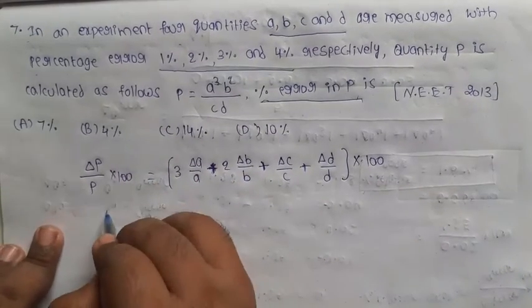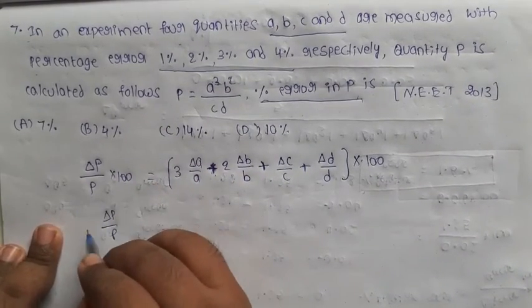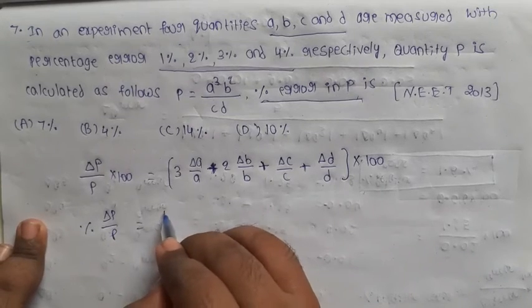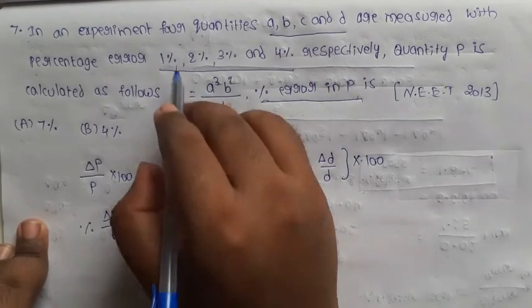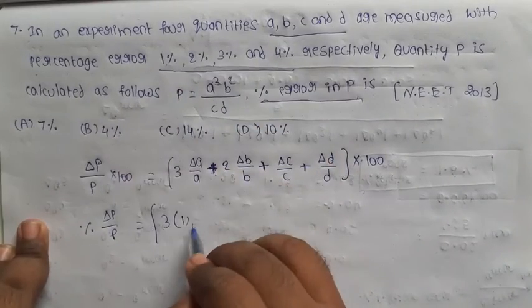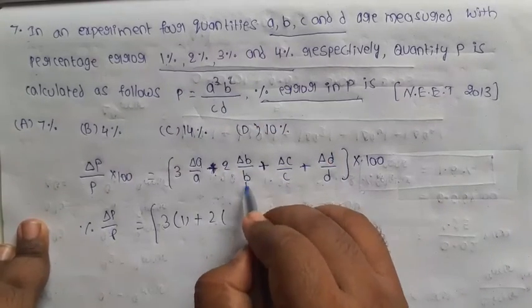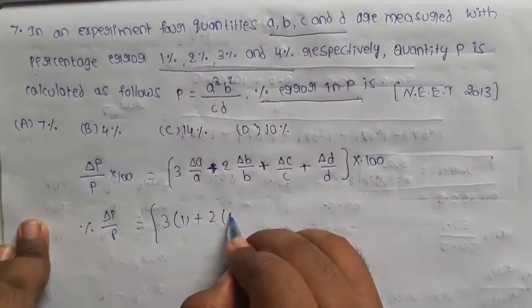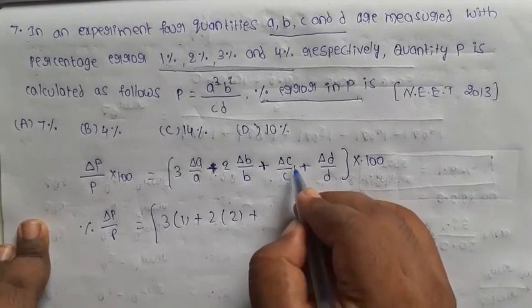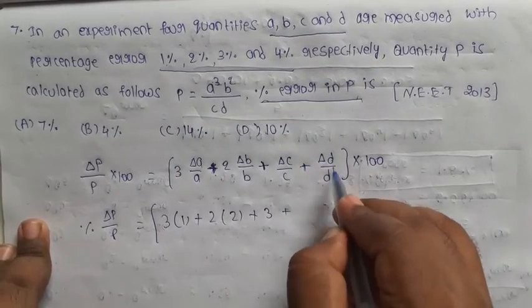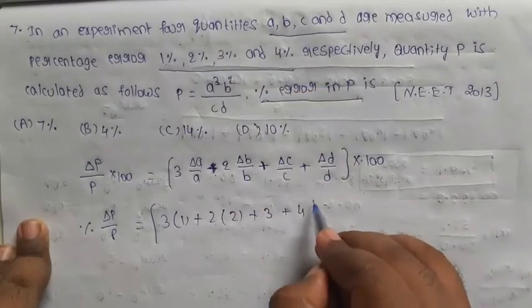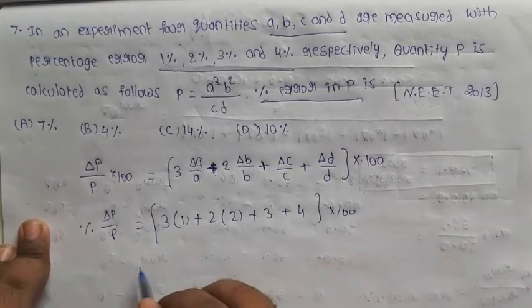Okay. So delta P by P percentage error is 3 into delta A by A. Its percentage is 1, plus 2 into delta B by B. Its percentage is 2. Next delta C by C, its value is 3. Delta D by D, its percentage is 4, into 100.